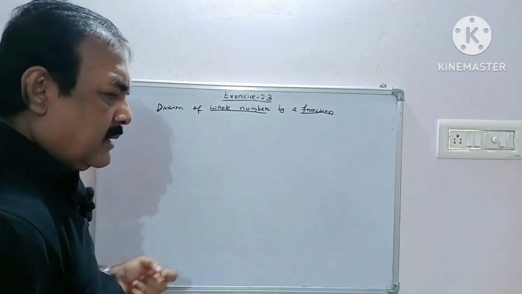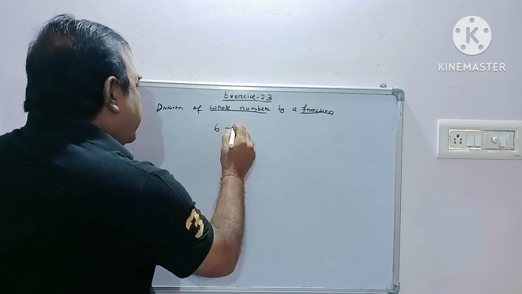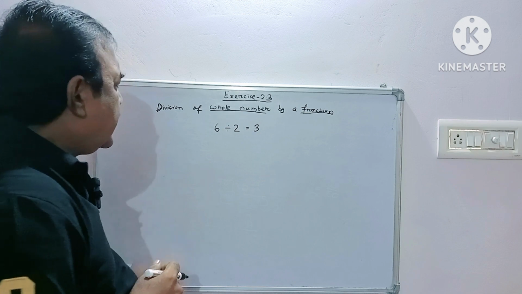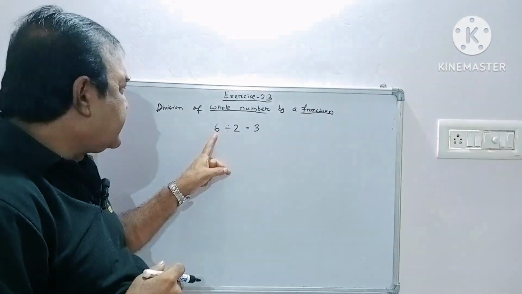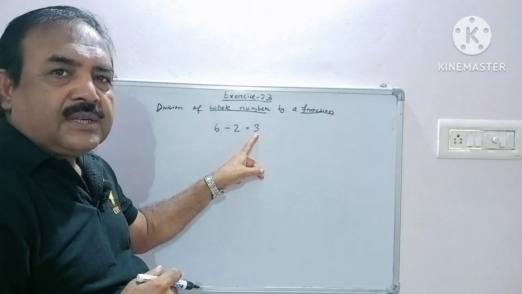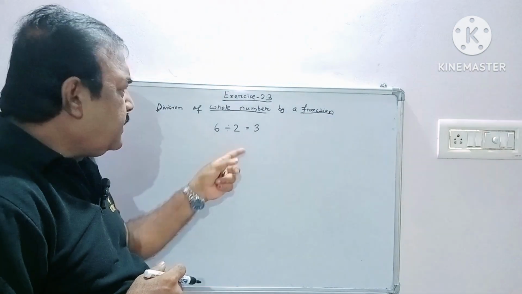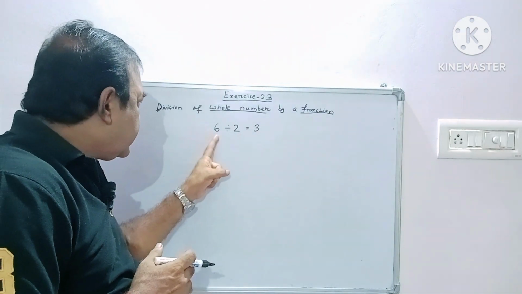And before going to that, let us see, when I write 6 divided by 2, what is the question here? That means how many 2's are present in 6? Now the answer is 3. There are 3 2's present in 6. That means how many 2's are added to itself to give 6?